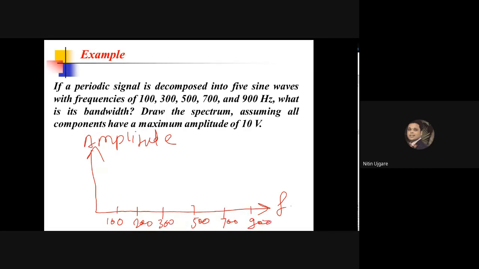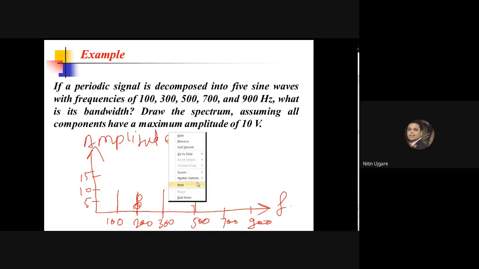So we are drawing the spectrum using this frequency domain. Every signal will be represented as a single spike. So we have 100 hertz frequency, then we have a 300 hertz sine wave, and a 500 hertz sine wave.